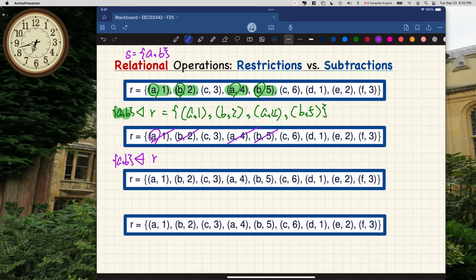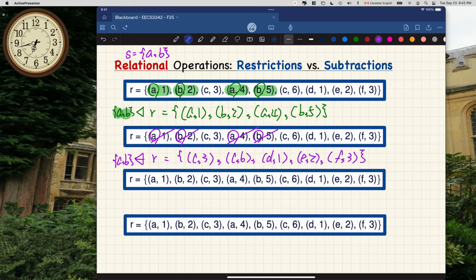You can see A, B, also A, B. We don't want them. And then collect the rest. It's going to be C3, and also C6, and also D1, and also E2, and also F3. Like that. Okay, that's domain subtraction.